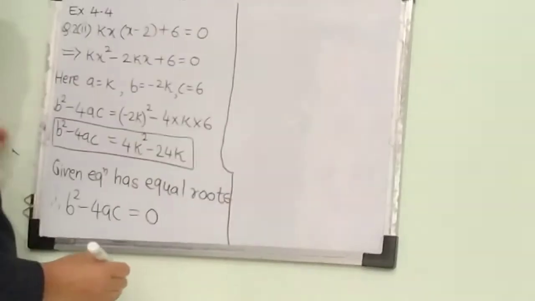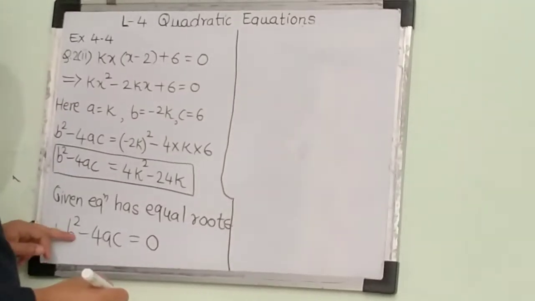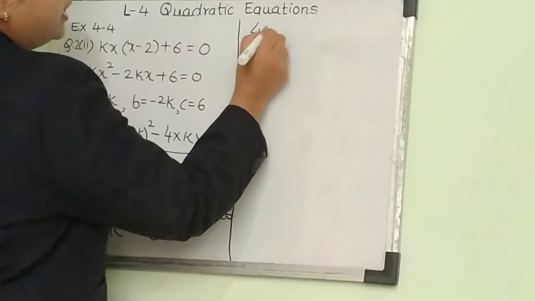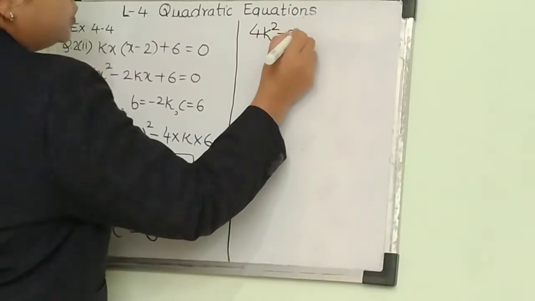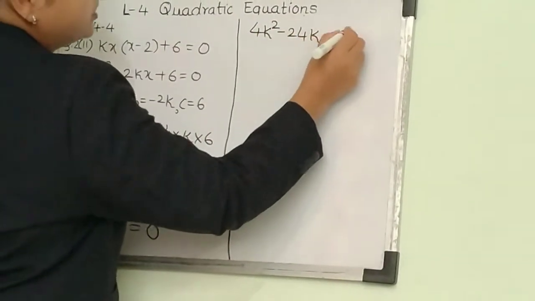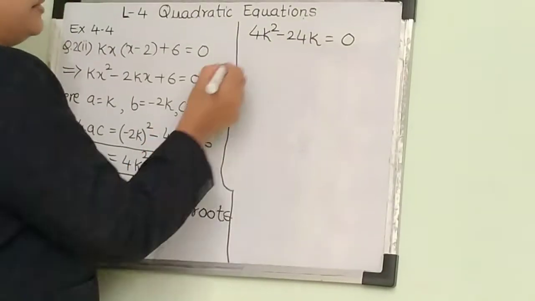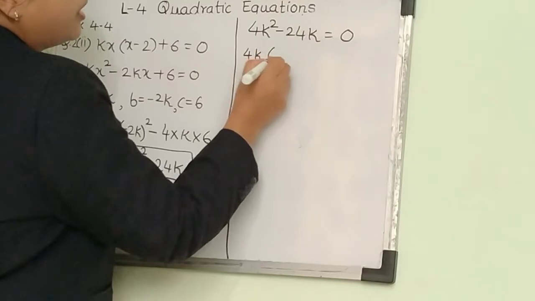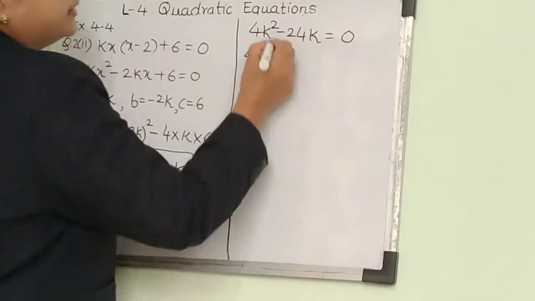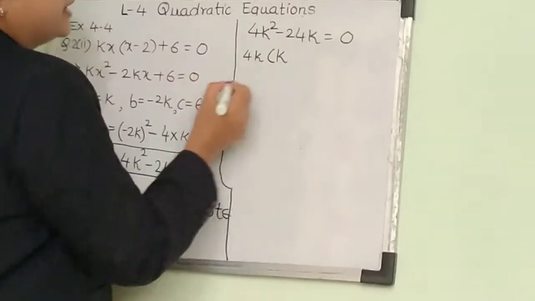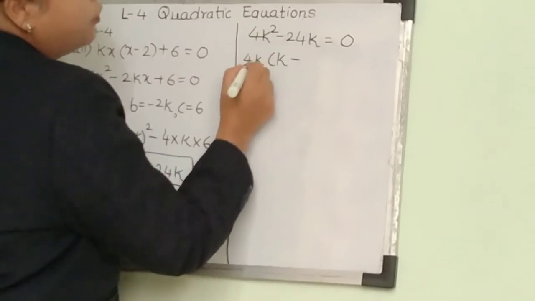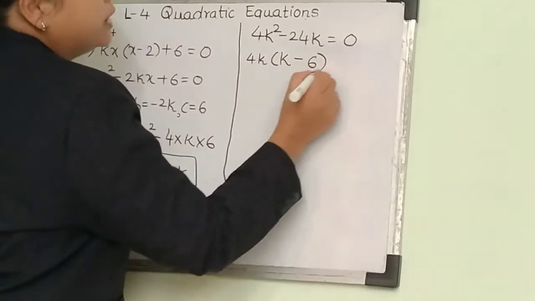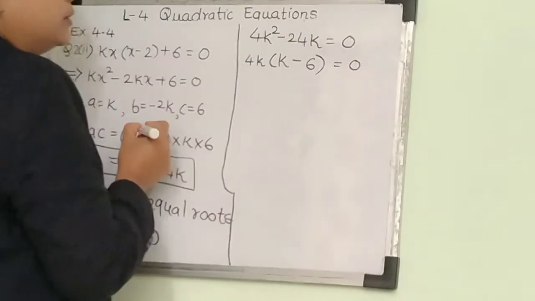So we put the value of b square minus 4ac, that is 4k square minus 24k equals 0. Here I am taking 4k common, into bracket k minus, 4 6s are 24, so 6 is left, equals 0.